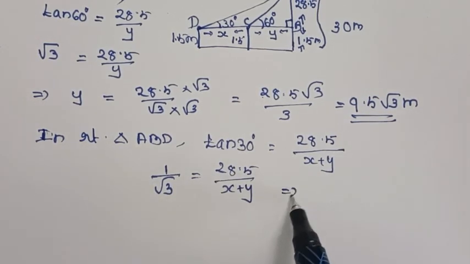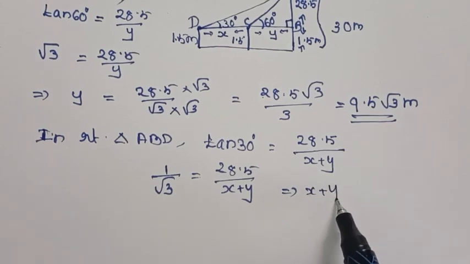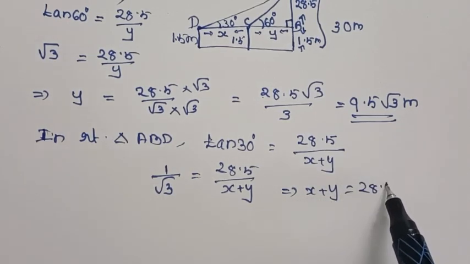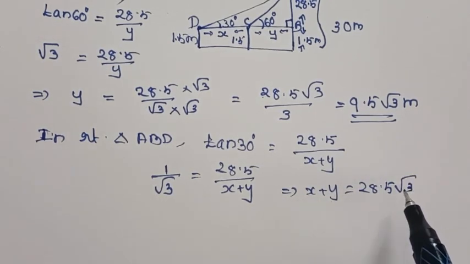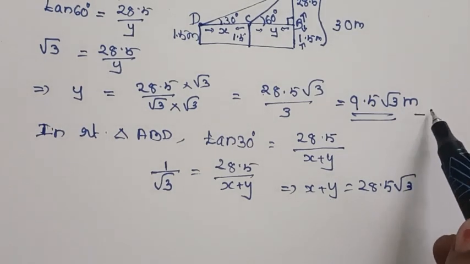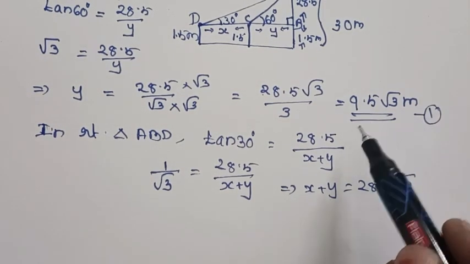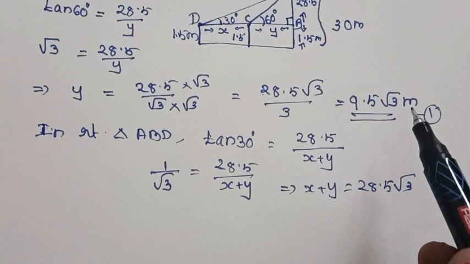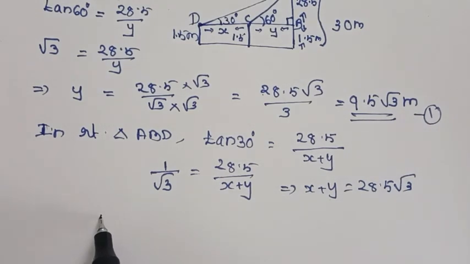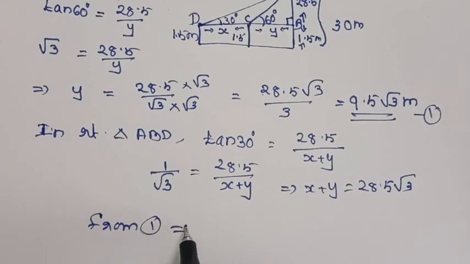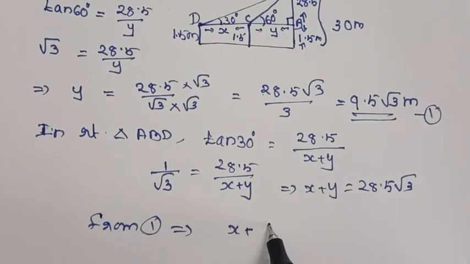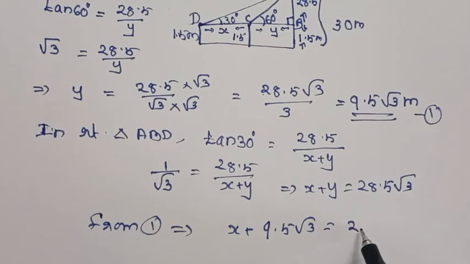Cross multiplying, we get x plus y equals 28.5 root 3. From equation 1, we get y equals 9.5 root 3. So, substituting the value of y from 1, we write x plus 9.5 root 3 equals 28.5 root 3.